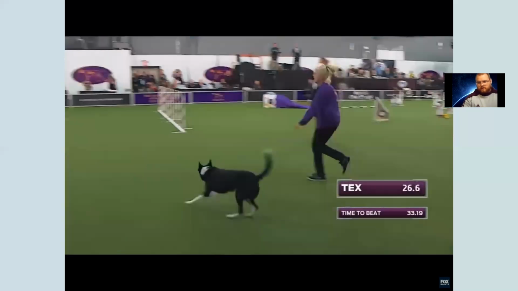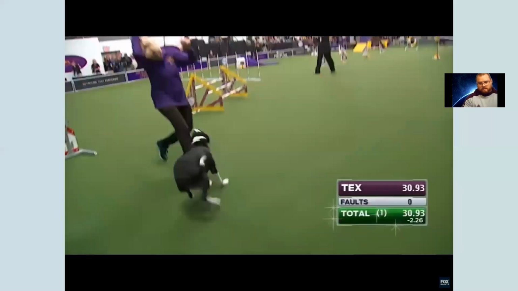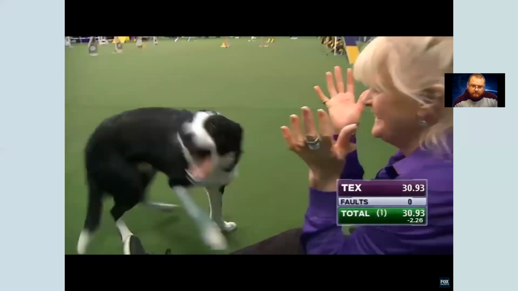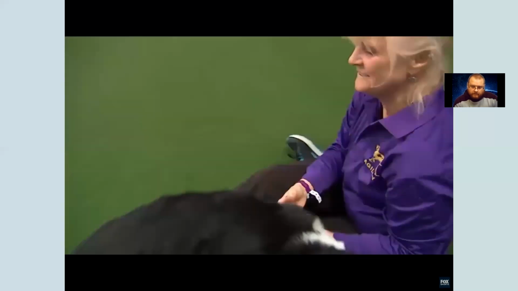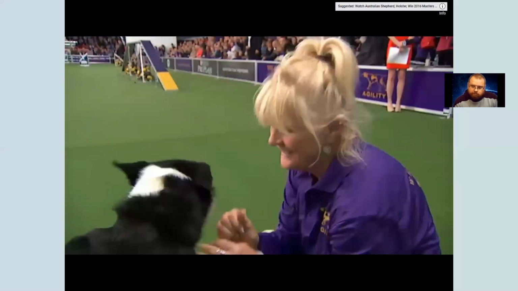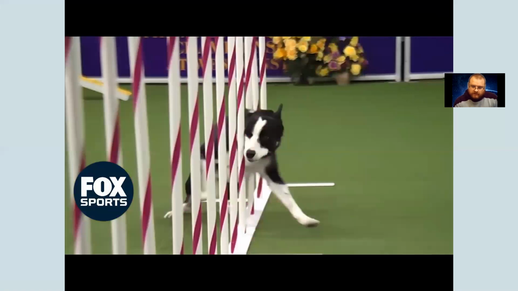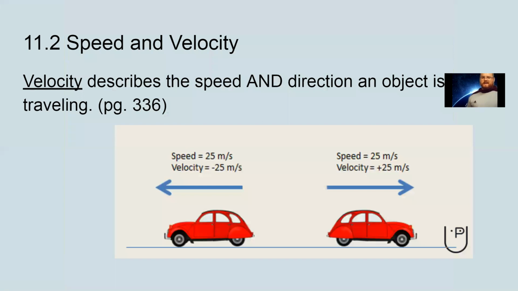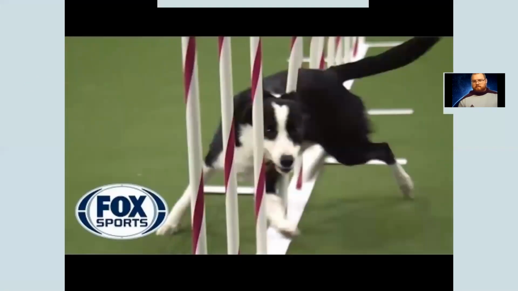And I want to see the slow motion. So here you can see the direction is changing, but we're still maintaining our relative speed. So velocity is changing.